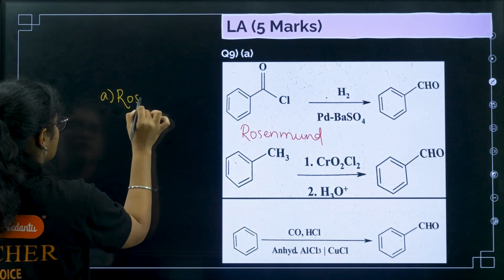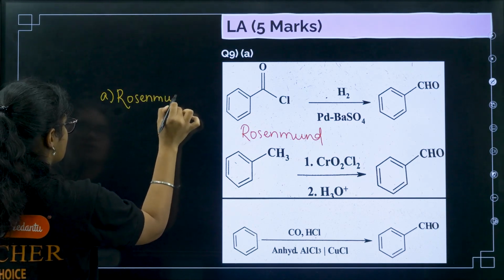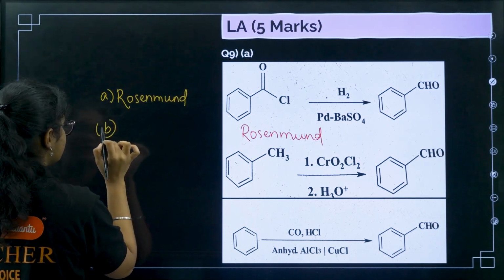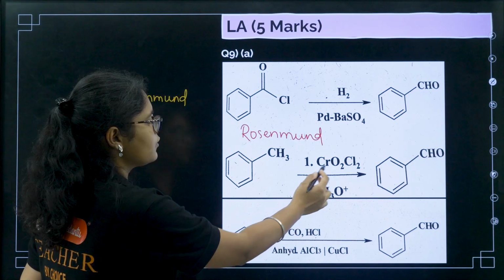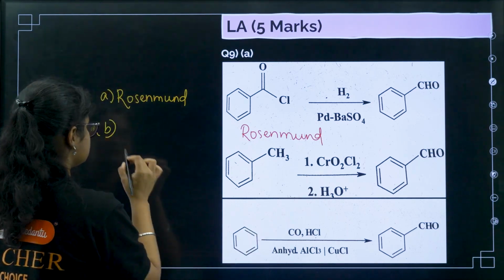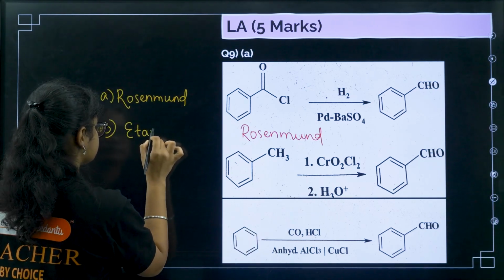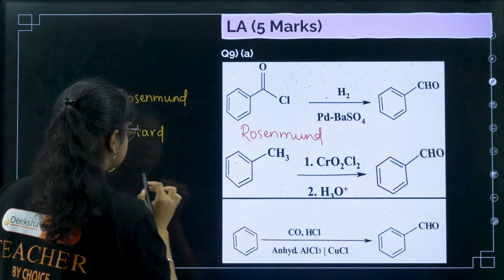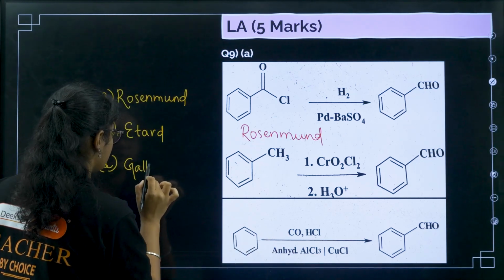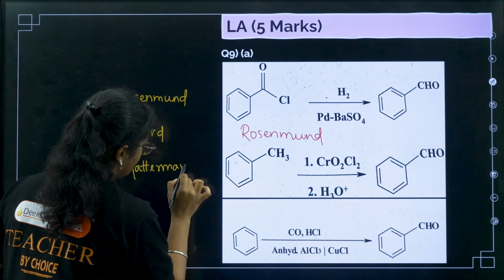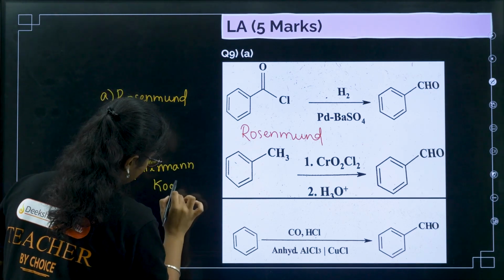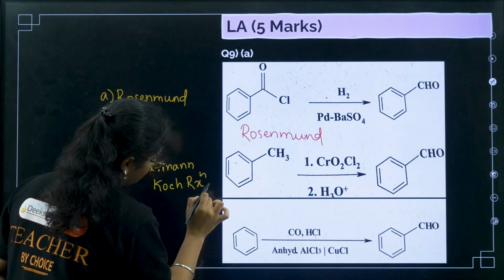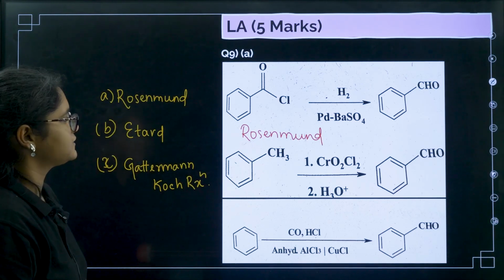Next part, question number B, CrO2Cl2, H3O plus. So this is your Etard reaction. Next, CO, HCl, this is Gattermann-Koch reaction. So you have written 3 name reactions.